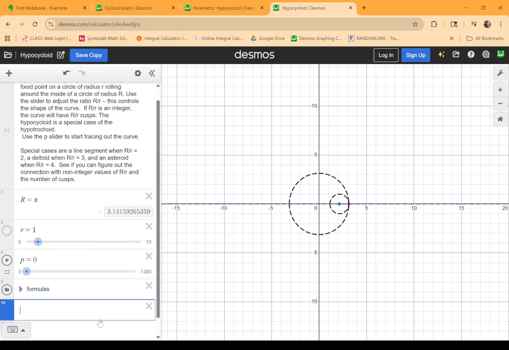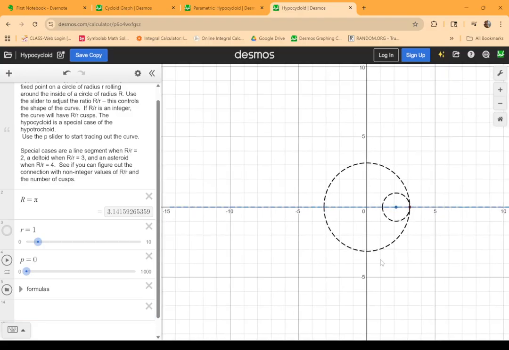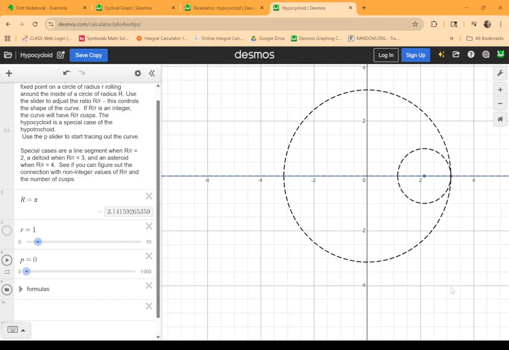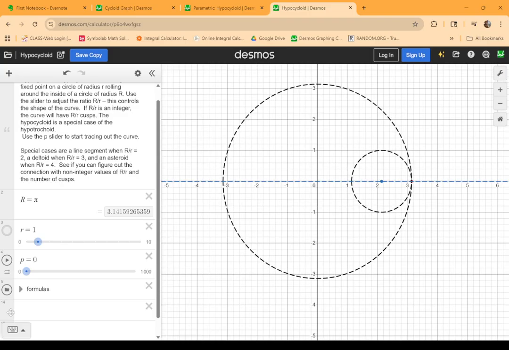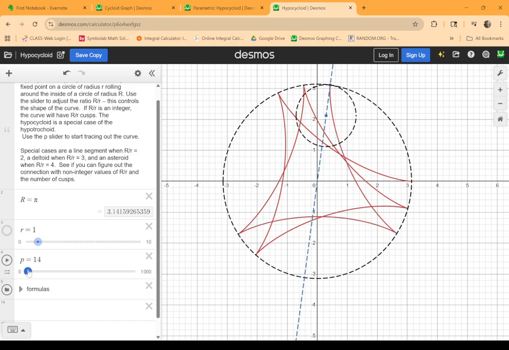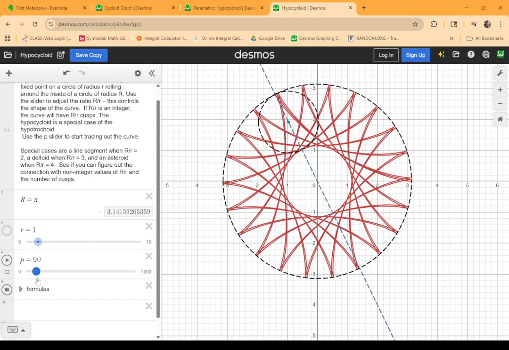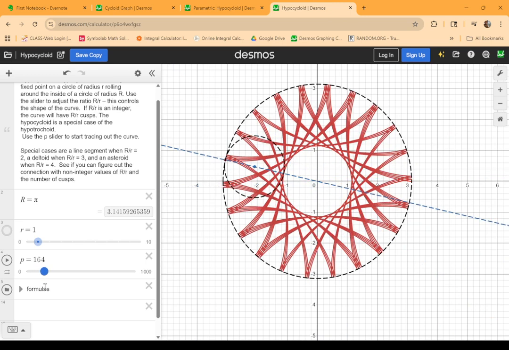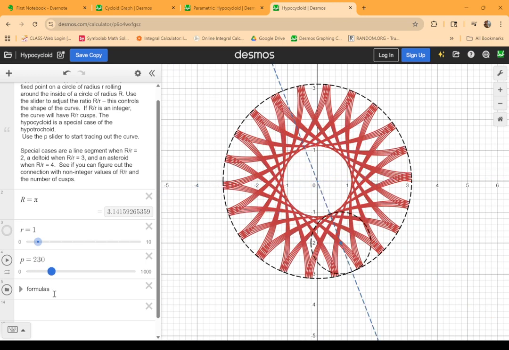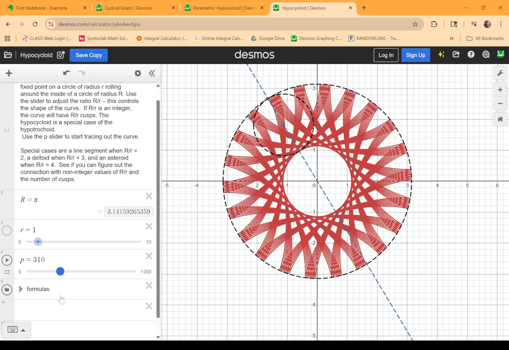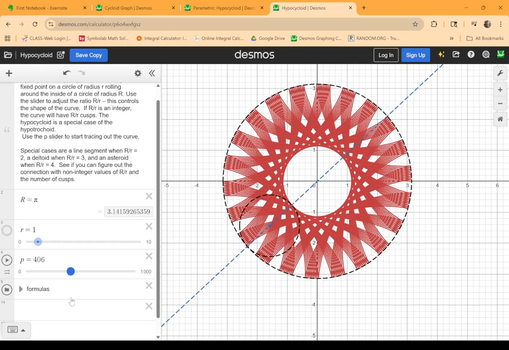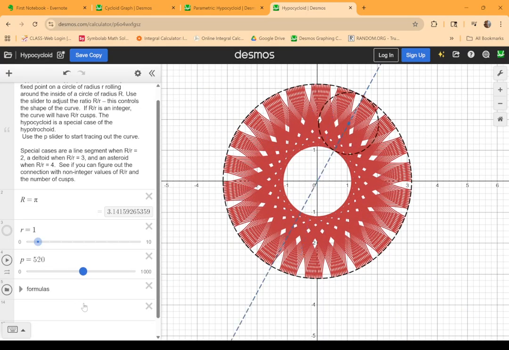Let's zoom in here, get a better view. And here it's set at 1,000 rotations, and we could see that when a over b is essentially just pi, what happens is we have an infinite number of cusps.